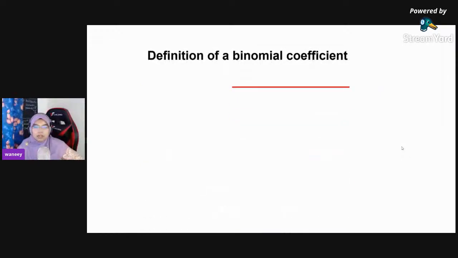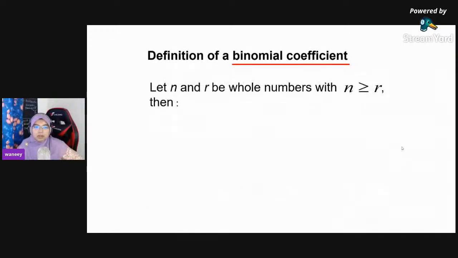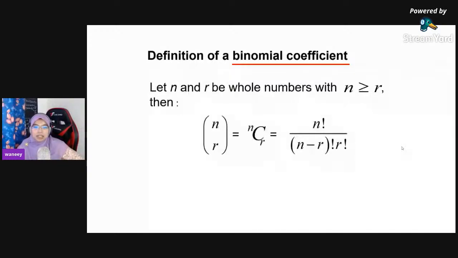The definition of a binomial coefficient. Let n and r be whole numbers with n greater than or equal to r. Then nCr is simply n factorial over n minus r factorial times r factorial. So this is the formula that I asked you to remember before this.